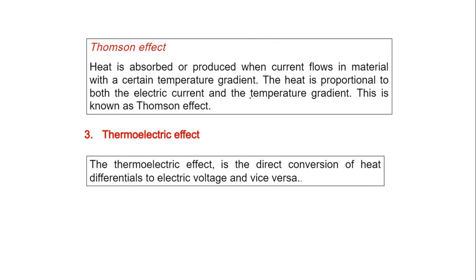The heat is directly proportional to both the temperature gradient, delta T, and the electric current I. Heat is dependent on both the temperature difference and the current flowing in the circuit.